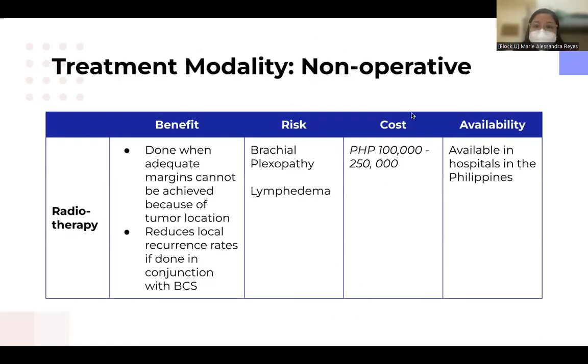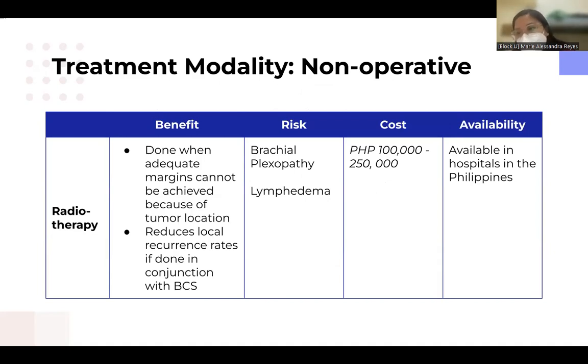So for the non-operative or the adjuvant therapy that can be given for the patient, first we have the radiotherapy. This is done when adequate margins cannot be achieved because of tumor location, or it is done in conjunction with breast conserving therapy. The risks include side effects such as brachial plexopathy or lymphedema.